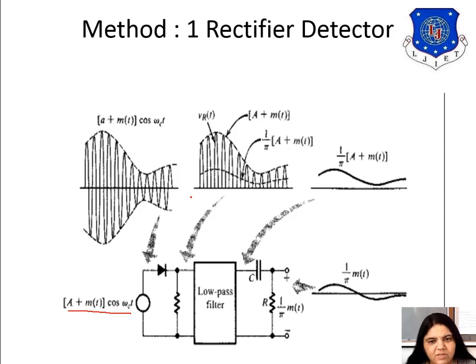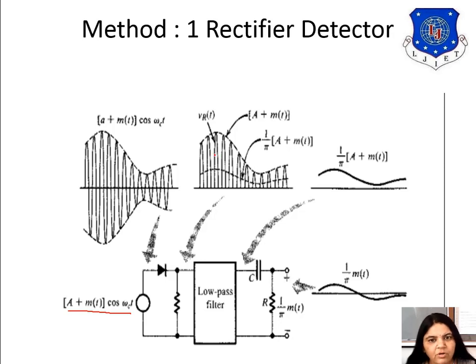So the diode gives us the output, which is only the output of the positive cycle. Now, from this positive cycle output, we want only the information signal, which is the low frequency signal.